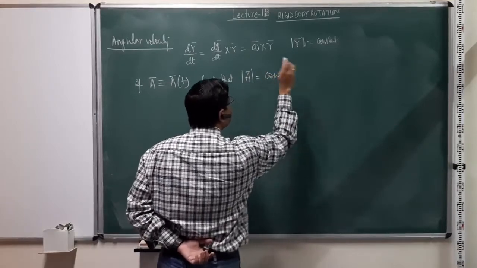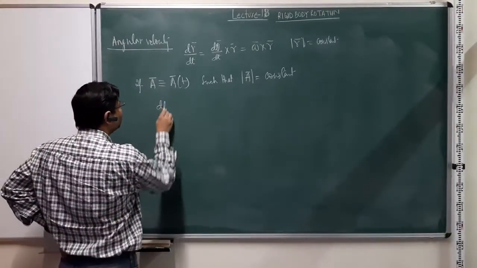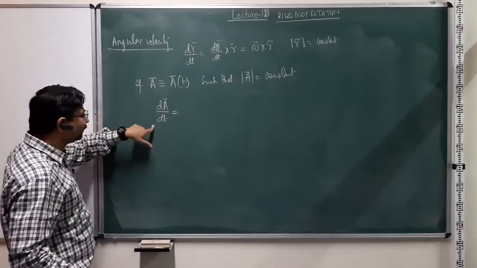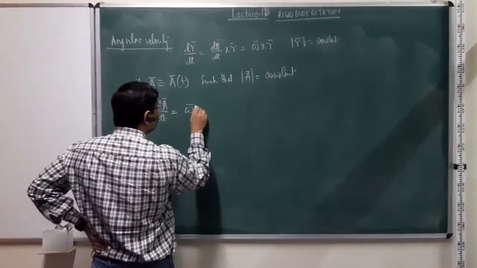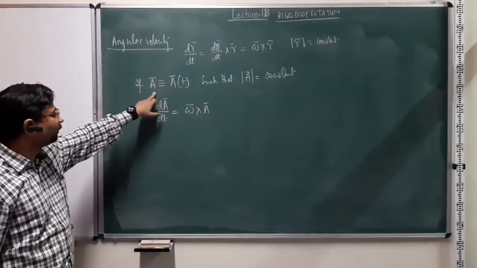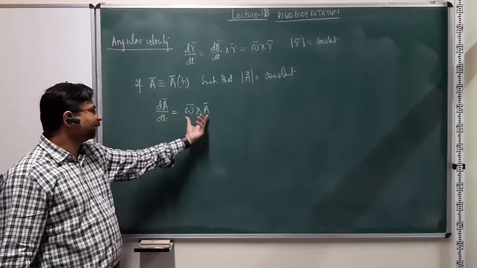So that means we are looking at the rotation of this vector, and if this is the case, then we can write down a general relationship between the rate of change of the vector and the vector itself by connecting it to the angular speed or angular velocity of rotation about whatever axis it's making the motion.